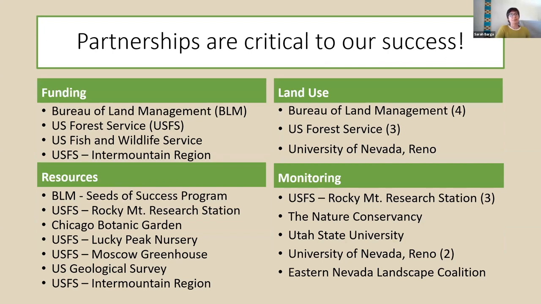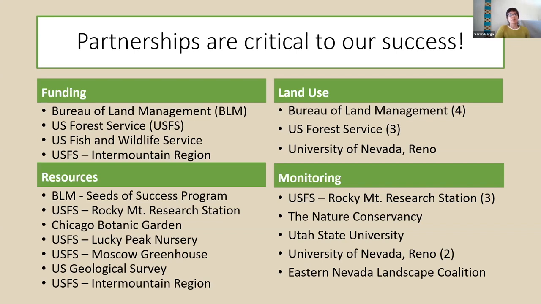Honestly, we received a bulk of our funding from the Bureau of Land Management, as well as funding from the Forest Service and the US Fish and Wildlife Service. We benefited from help with seed collections from the Seeds of Success program and the Chicago Botanic Garden, as well as others. And our seedlings were treated with great care in their rearing process by both the Forest Service Lucky Peak Nursery and the Moscow Greenhouse, among other resources that we benefited from.